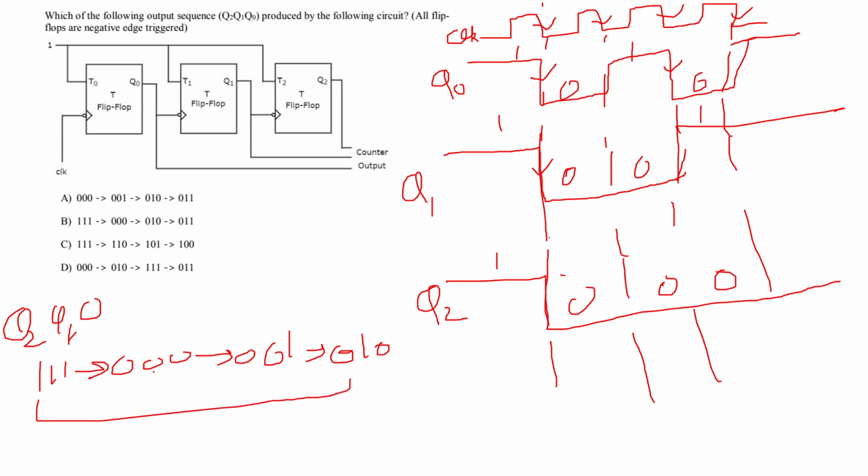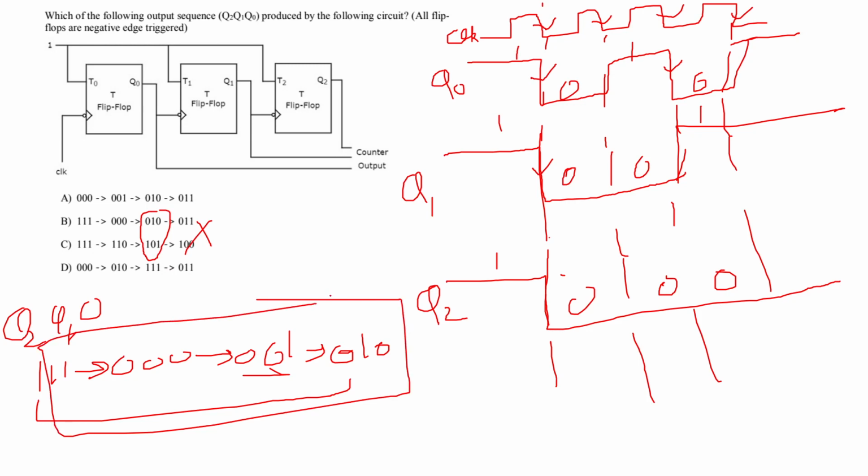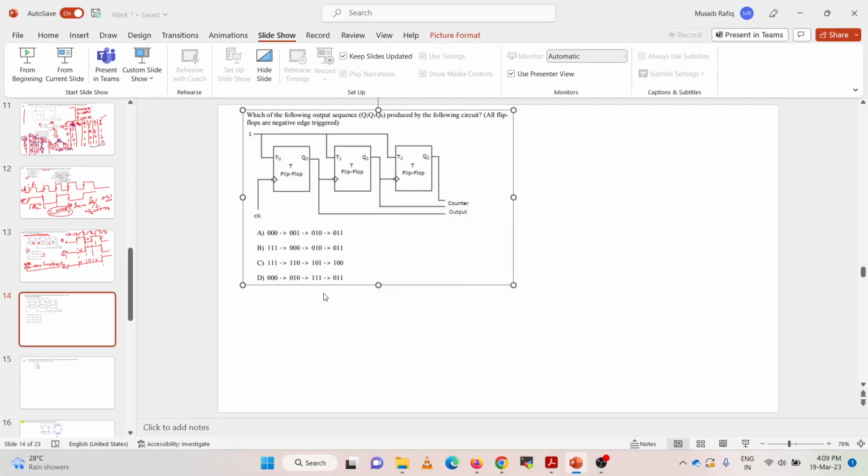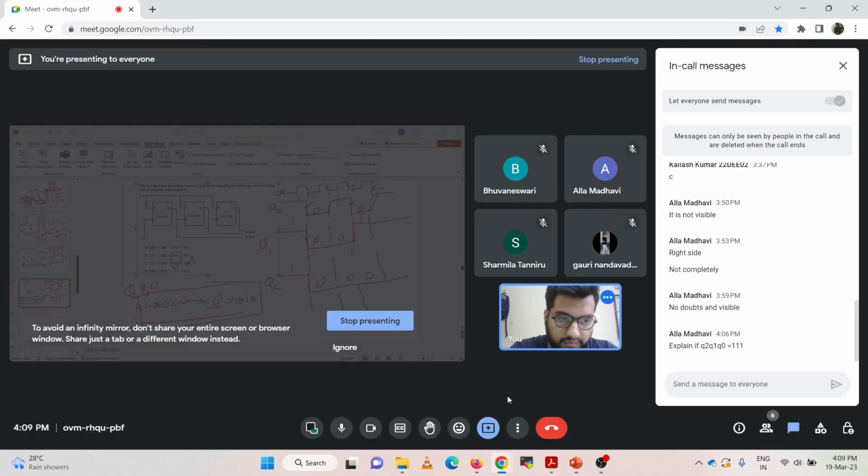So none of the options is 0 0 1. That's why I have discarded it. But if it was 1 1 1, we would have this sequence. So is it clear?